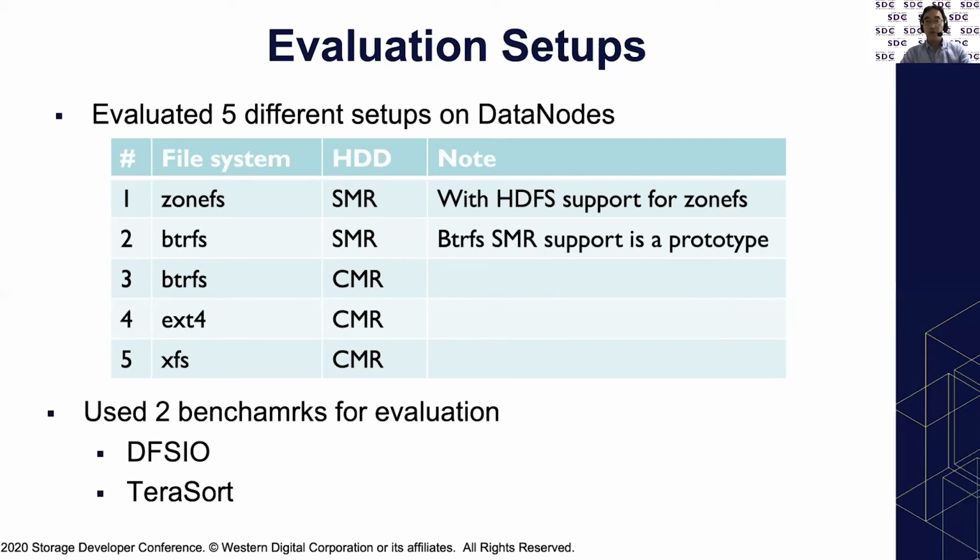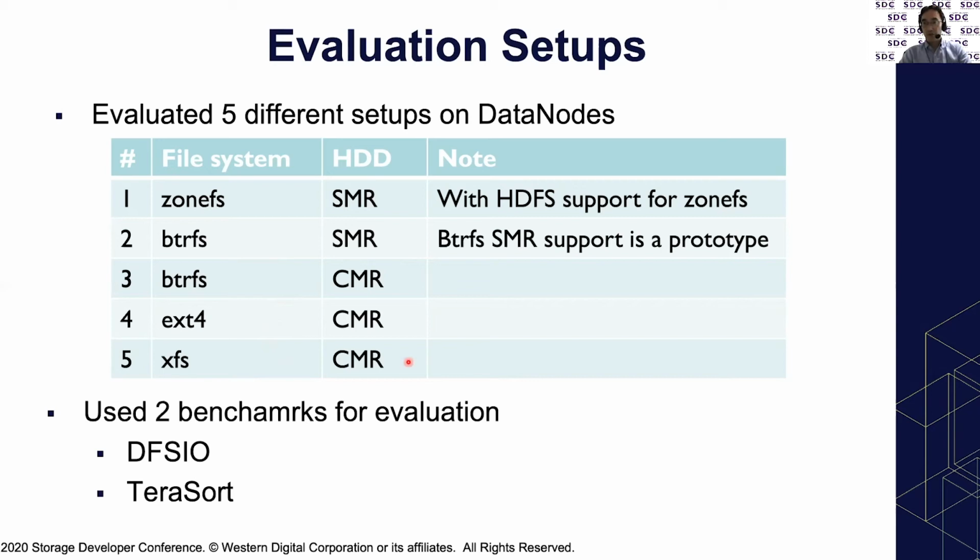This table lists up the 5 different setups of DataNode. ZoneFS is compared with other file systems used for mass storage, such as ext4, XFS, and ButterFS. ext4 and XFS on CMR HDDs.